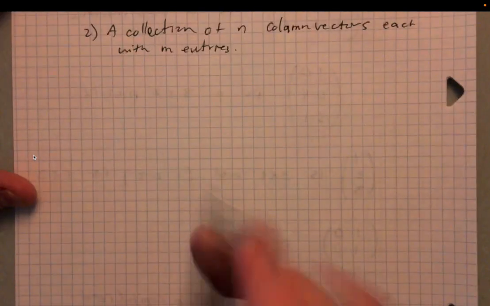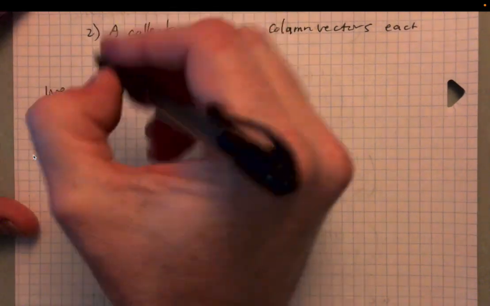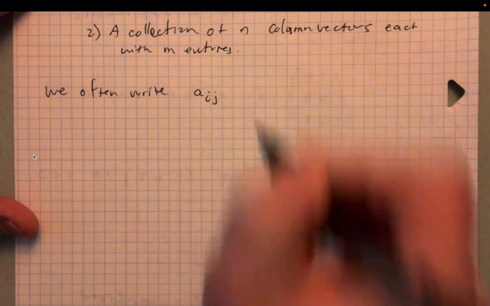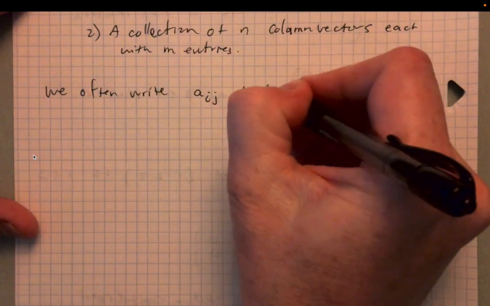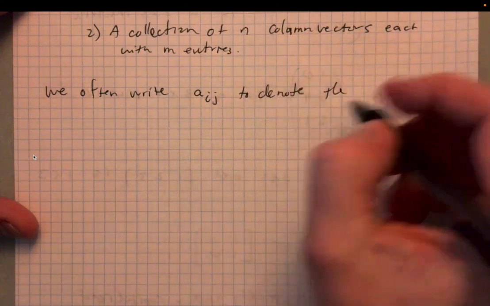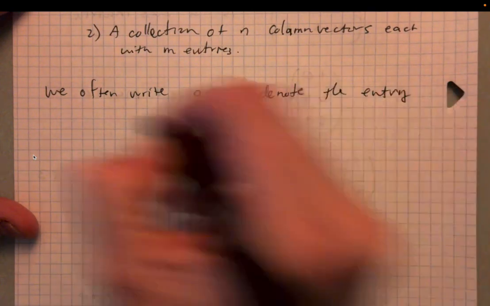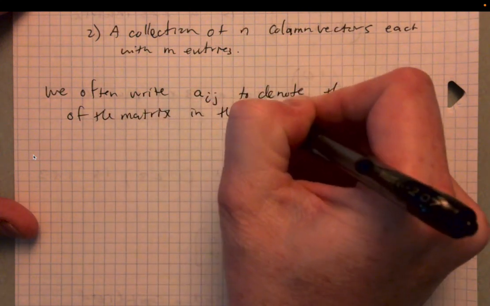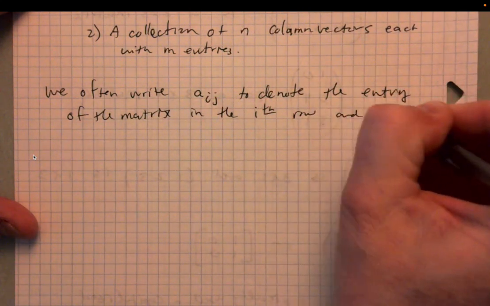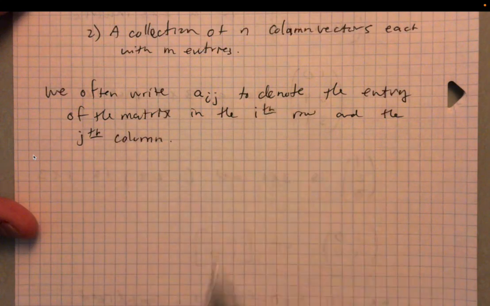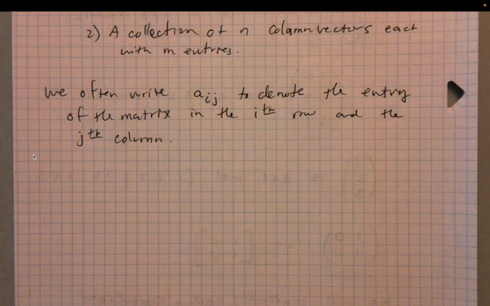In those instances, we'll often write Aij to denote the entry of the matrix in the ith row and the jth column. So entry Aij will denote the ith row and jth column.